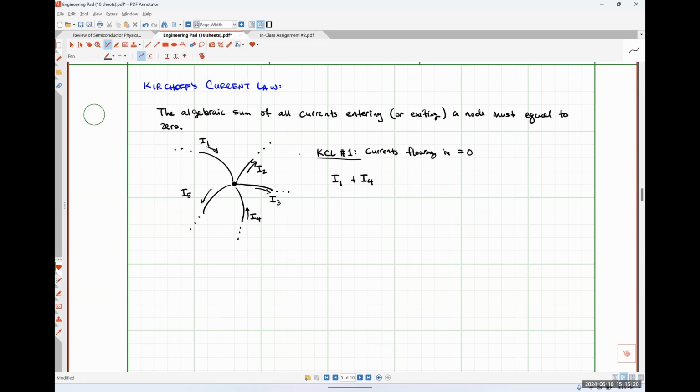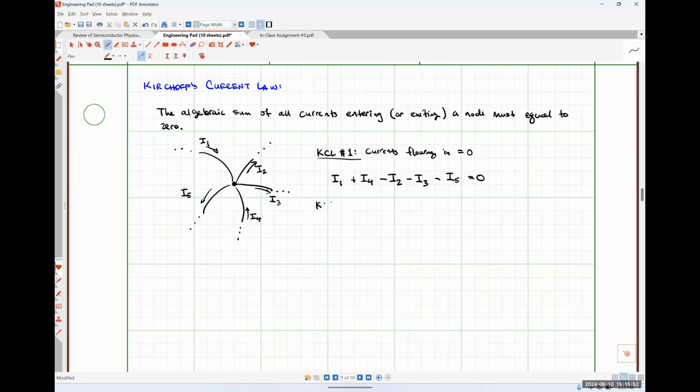And we know that in order to change the direction of a current, we simply multiply the current by a factor of -1. So if I2 is exiting, negative I2 is entering. So we have to take into account negative I2 is entering the node. Well, negative I3 is also entering the node, and negative I5 is also entering the node, and all of these added together equal 0.